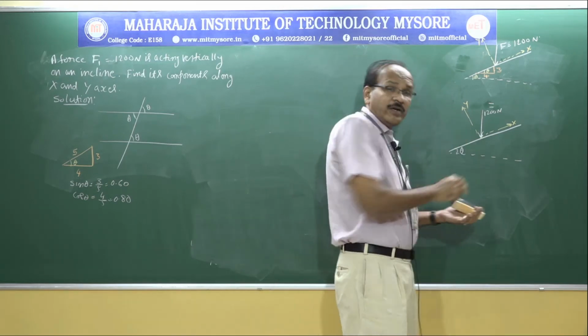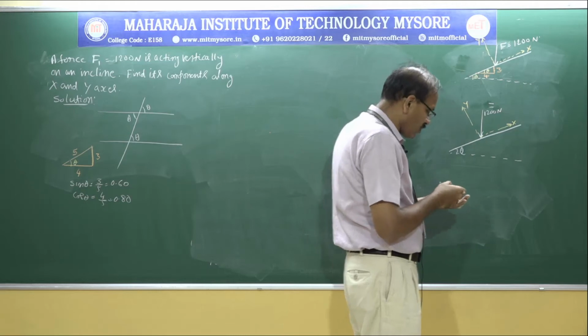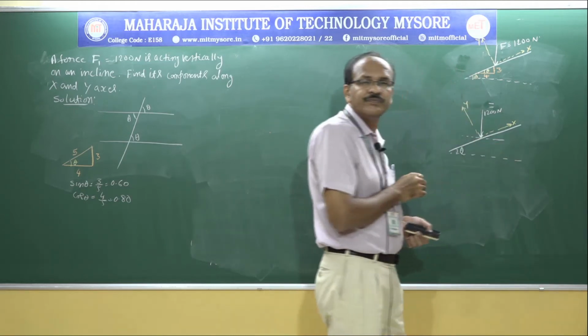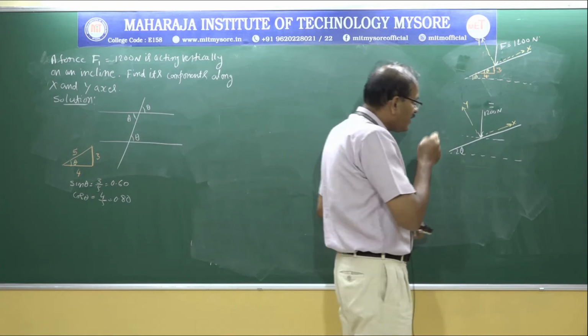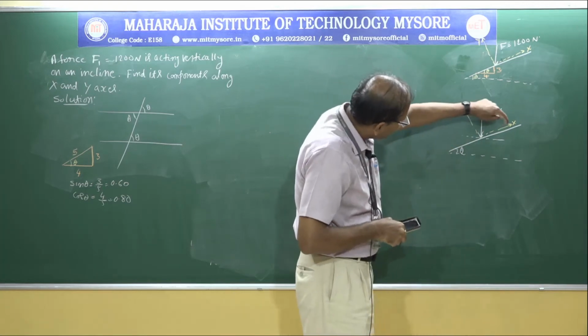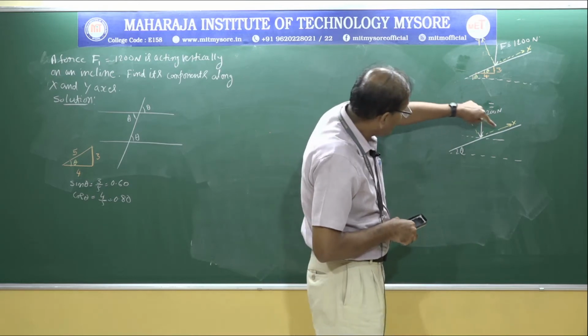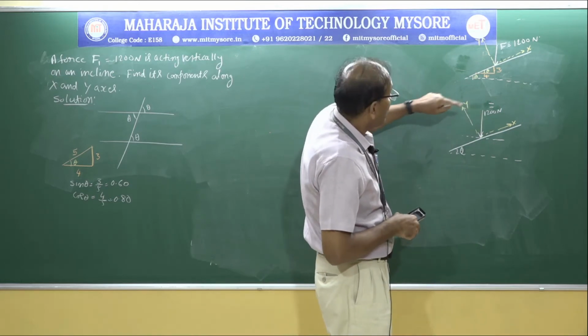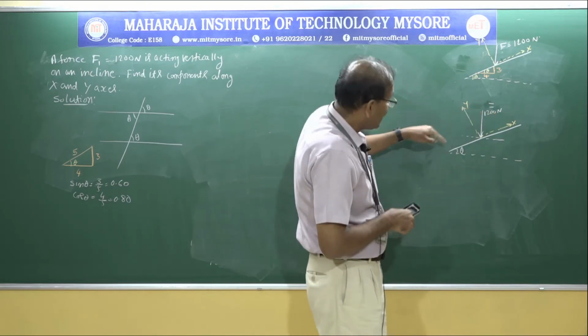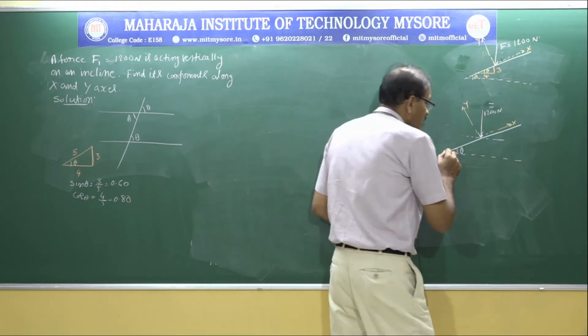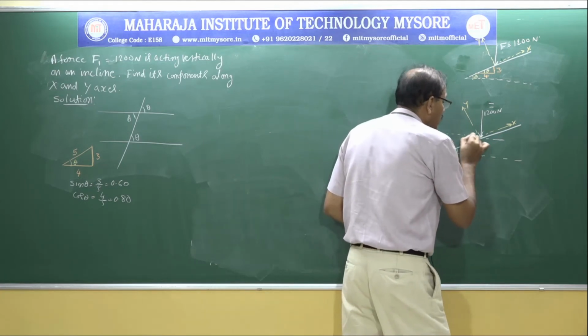So at this point I am going to draw a horizontal line. Once I draw this horizontal line, this yellow line cuts these two parallel lines. This is parallel to this horizontal line.